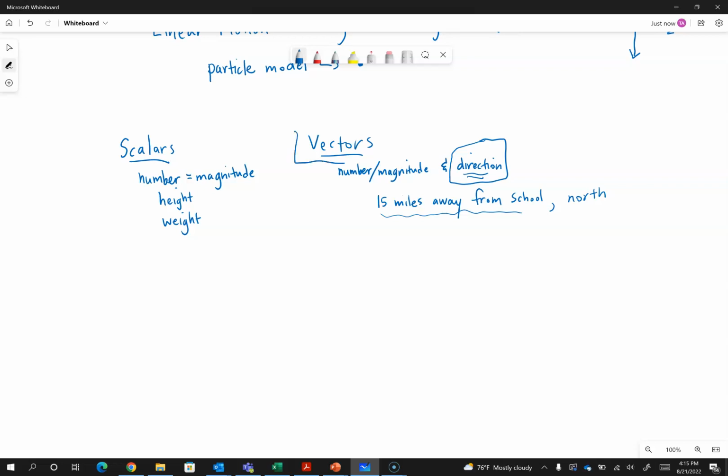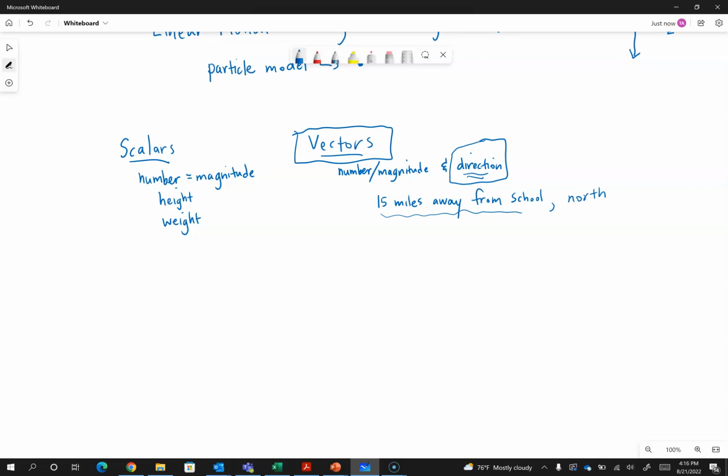That's what we're referring to when we talk about a vector. A vector has a magnitude, a numerical value, and a direction. So in what way? North, south, east, west, up towards the sky, down towards the ground. There are many concepts that we are going to cover that will be vectors.